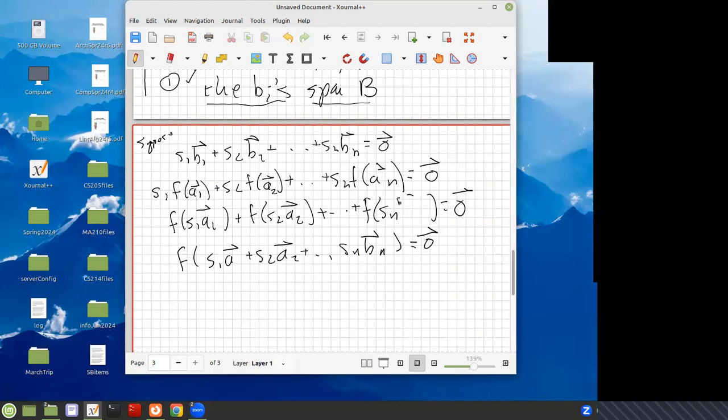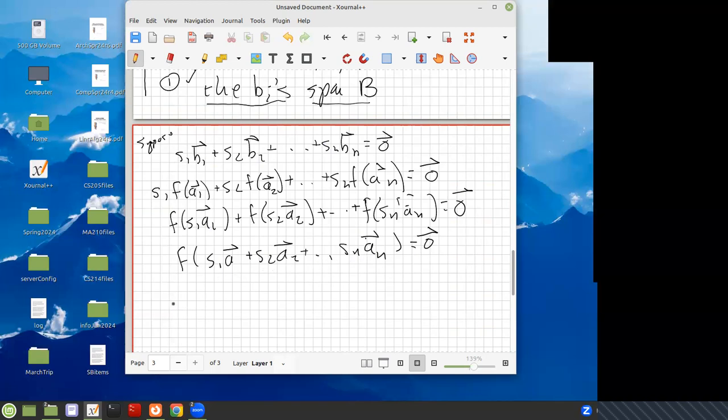These S's are just arbitrary numbers. We suppose for some S1, S2, Sn that this equals 0. So this vector has to map to 0, and we want to know what this vector is.